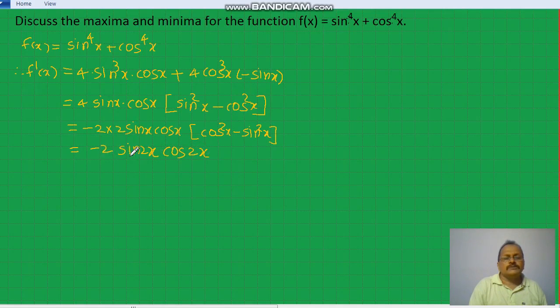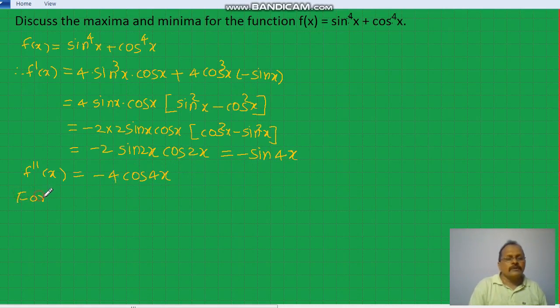Again 2 sin theta cos theta is sin 2 theta, so it is minus sin 4x. First derivative is here, second derivative is derivative of first derivative: minus 4 cos 4x. Derivative of sin bracket is cos bracket into derivative of 4x, which is 4.